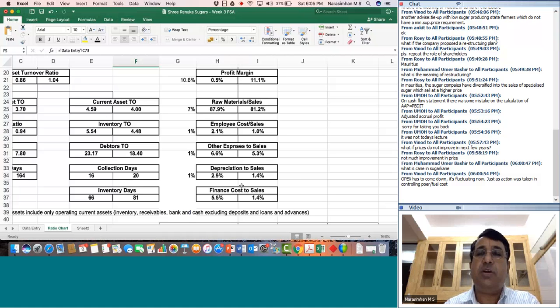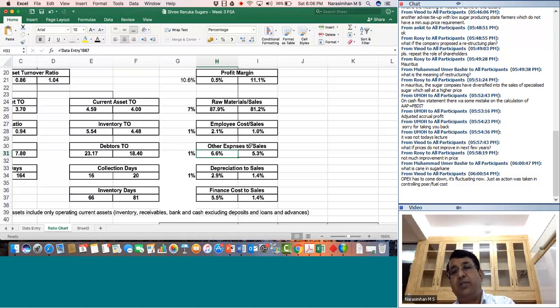Definitely, raw material price is the critical input in the entire profitability of the sugar business. If you are inefficient in other expenses, then you can go and control it. But the 6.6, maybe because of the lower, this is the ratio of other expenses to sales. Other expenses may still remain, but the sales realization per unit might have come down, and because of that, it is happening.